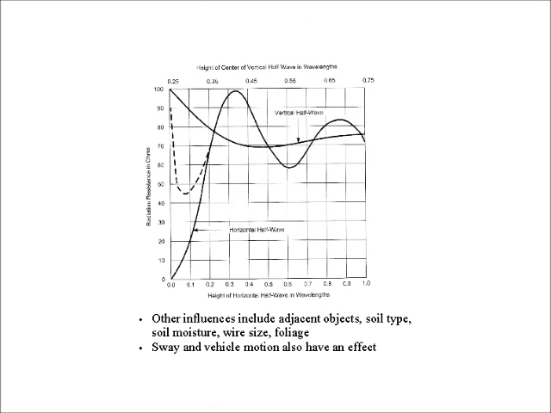So let's talk some more about this antenna radiation resistance, which we call antenna feed point impedance or surge impedance. This is a chart out of the ARRL antenna book. And listed at the bottom is horizontal height in wavelengths.